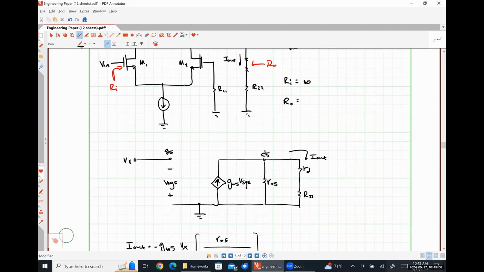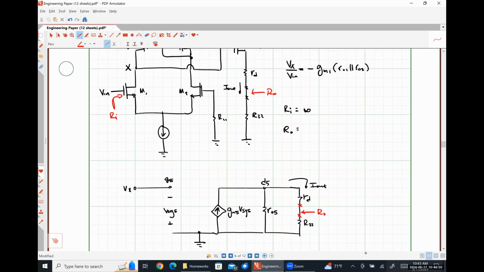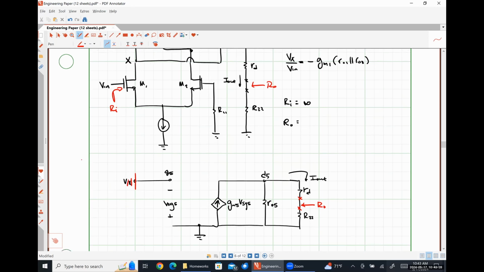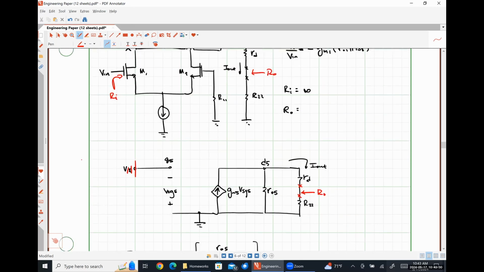So to be real clear on our small signal model here, this is where we would wind up measuring Ro. If our input signal is grounded, what is that going to make Vx? So it is RD plus R22. What else?